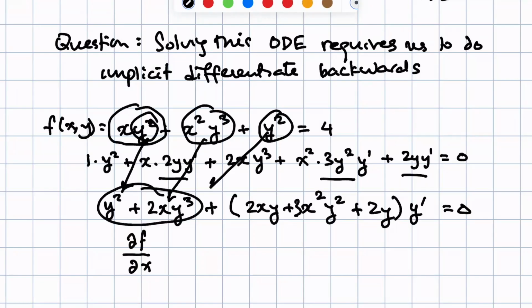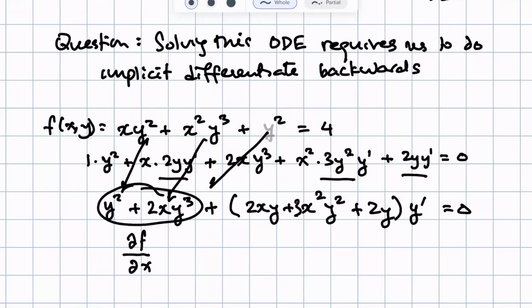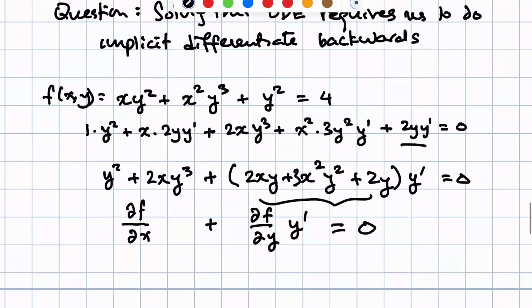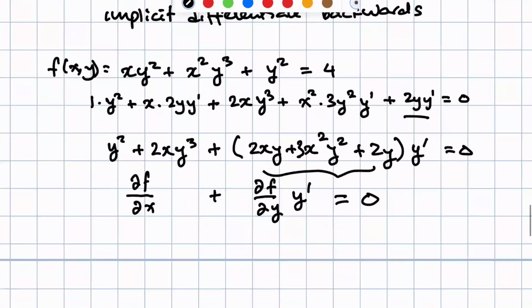So this term right here is simply df dx. And then this term right here is actually df dy. So this actually looks like this expression right here, df dx plus df dy, y prime.